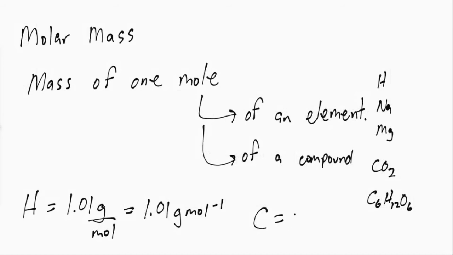And looking at the periodic table, your answer should be 12.01 grams per mole. Or you could have written it as 12.01 g mol^-1. And it's that simple. You can find the molar mass of any element just simply using your periodic table.